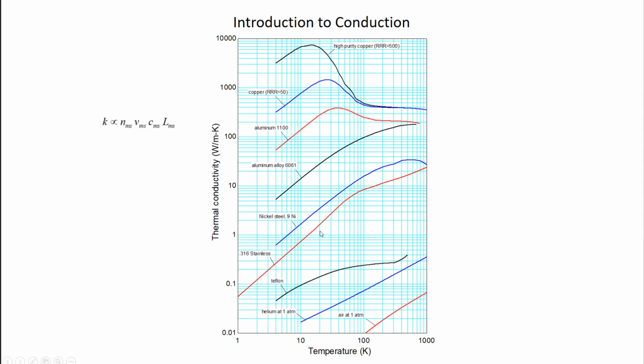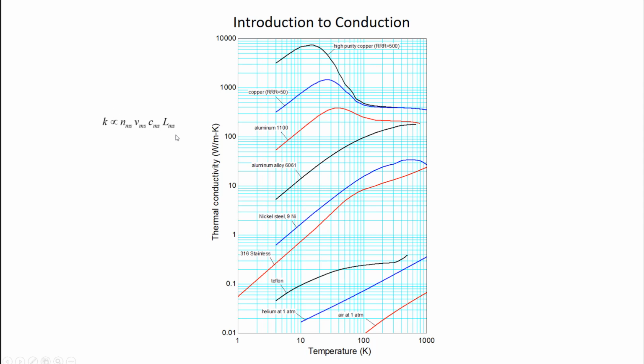If you go down even farther, you get down here to non-conducting solids like Teflon. So there you don't have any electrons. You're relying on other energy carriers in the material, like just lattice vibrations to transfer the energy. If you go down even lower than that, you would have liquids and then gases, right? So gases are really kind of bad because there's not a whole lot of energy carriers, right?